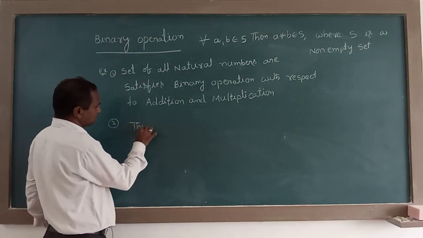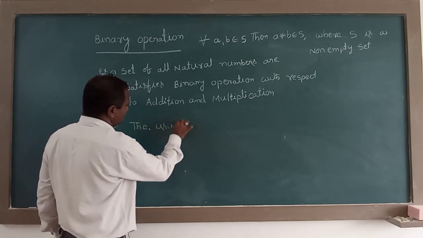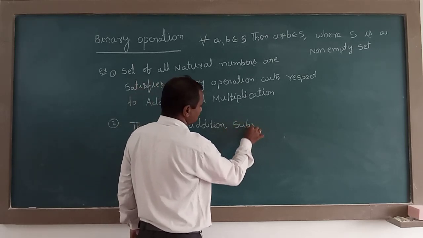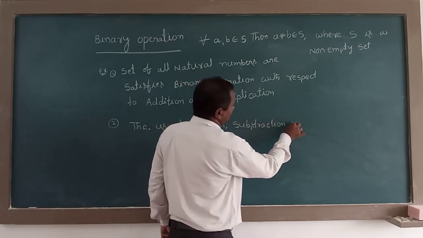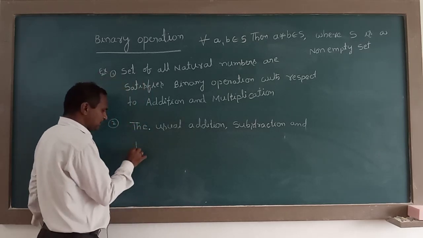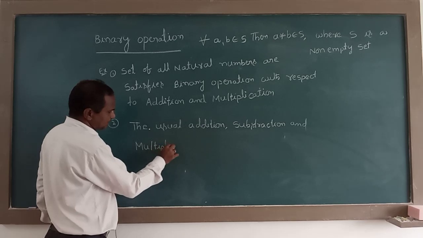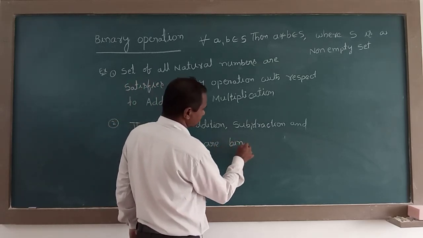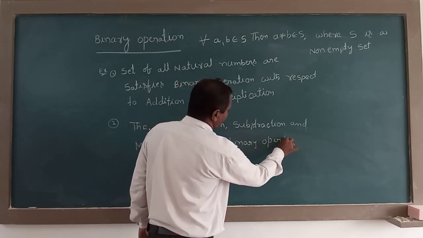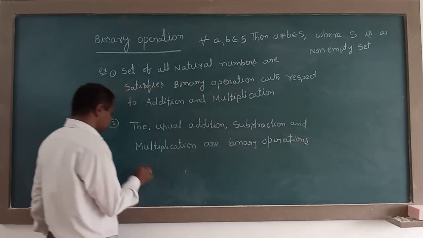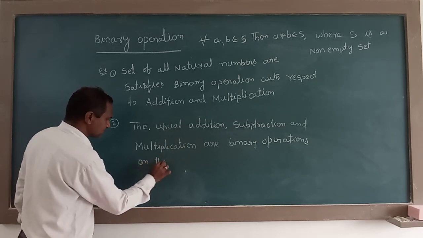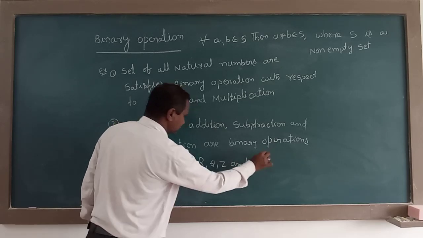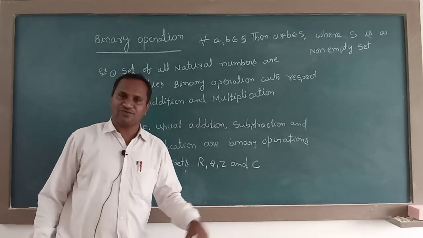The usual addition, subtraction and multiplication are binary operations on the sets R, Q, Z and C. But division is not a binary operation, in the case of R also.